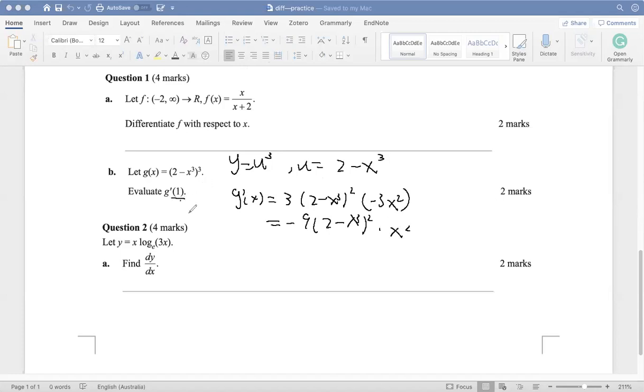So we can directly plug 1 in to get the answer.